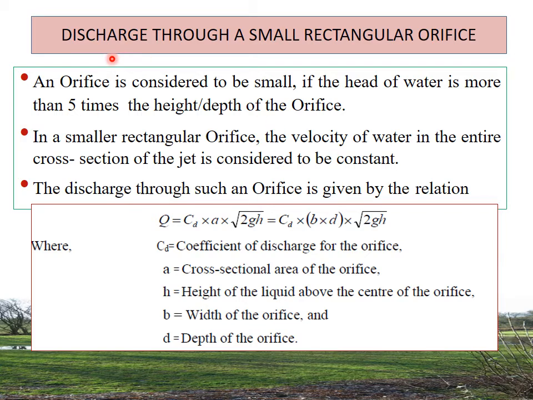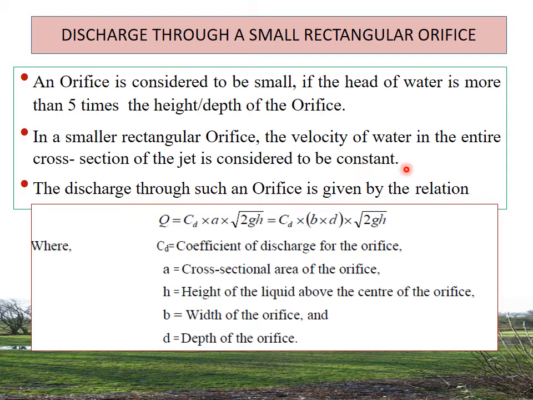First of all, we will see the discharge for a small rectangular orifice. In the case of the small orifice, due to the small size, the velocity variation is negligible, so there is very little velocity variation.